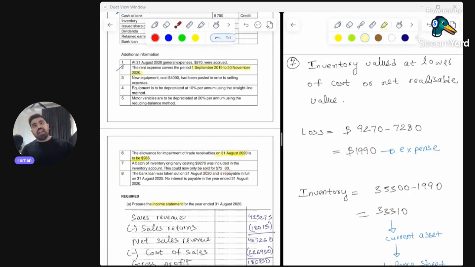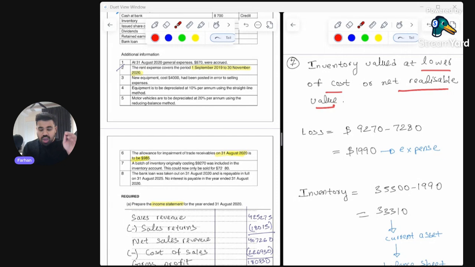So we understand that inventory, which was worth $9,270, is now worth $7,280. Okay. So when we have to make adjustments for inventory, we must make sure that inventory is always valued at the lower of cost or net realizable value. The net realizable value is ultimately the selling price that you are able to sell your inventory for.